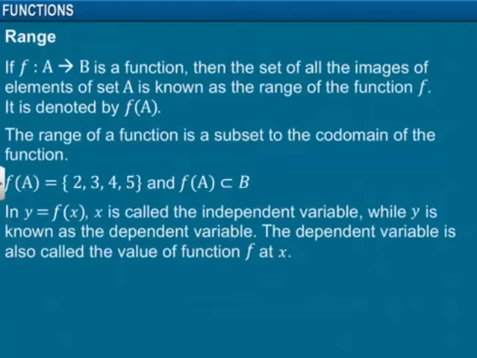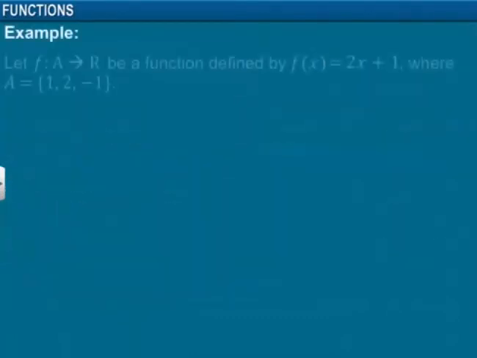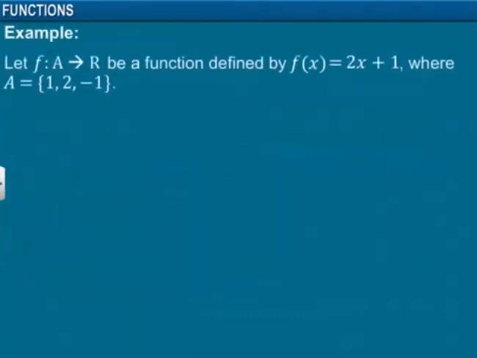Let us consider a function f from A to R defined by f(x) = 2x + 1, where A is a set having the elements 1, 2, and minus 1. Let us find the ordered pairs satisfying function f. f(1) is equal to 2 into 1 plus 1.